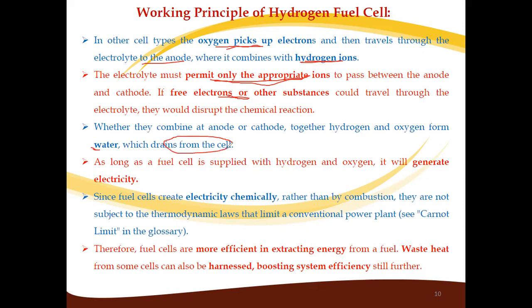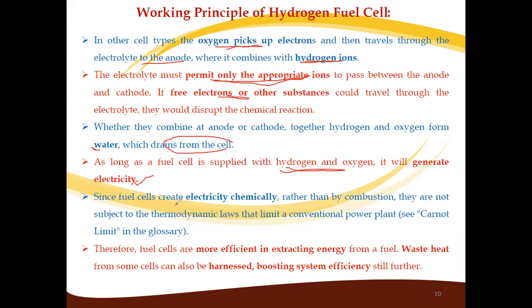So as long as the fuel cell is supplied with hydrogen and oxygen, it will generate electricity. We require hydrogen as a fuel, as well as oxygen or air as the oxidant.